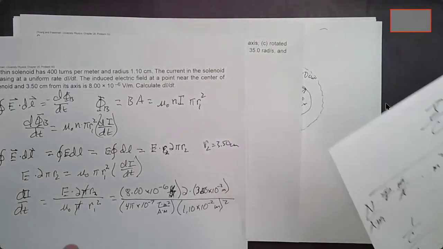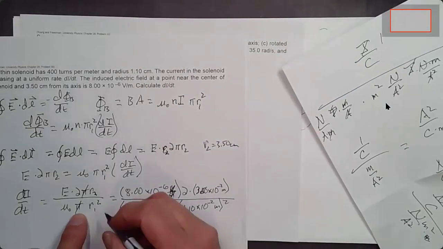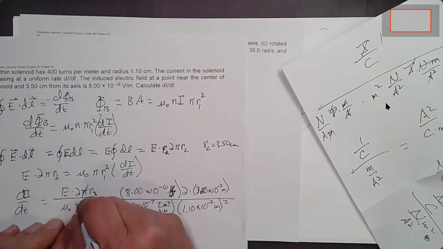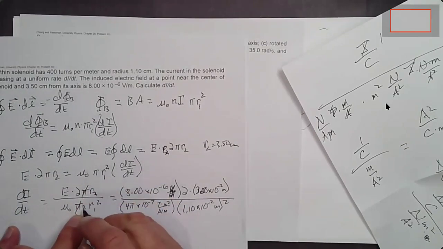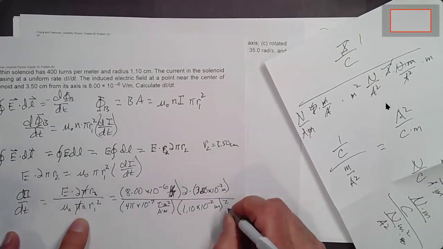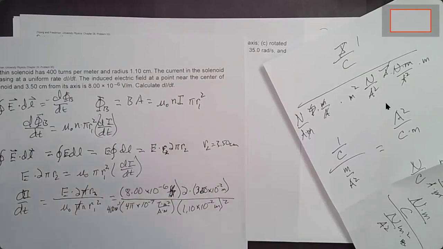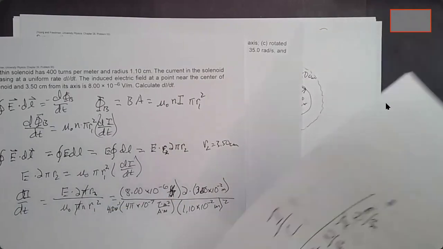Oh, somehow I lost my n, which was 1/meters. Okay, so I should have my n in here, which is meters to the -1. That was something I lost.